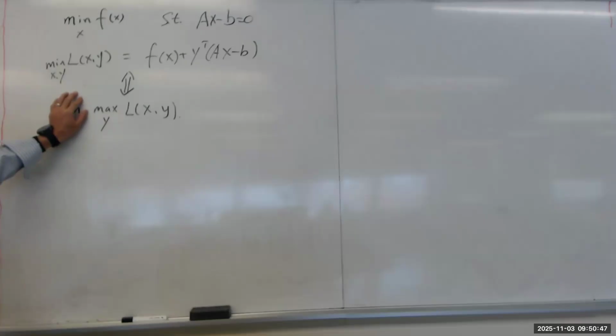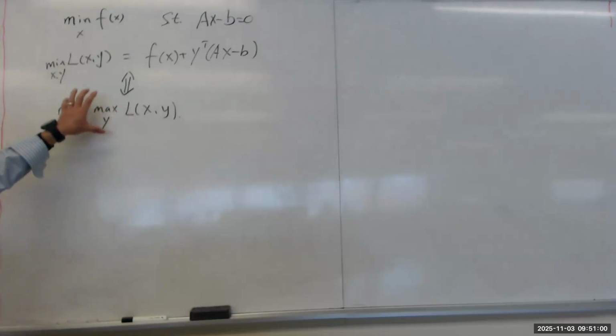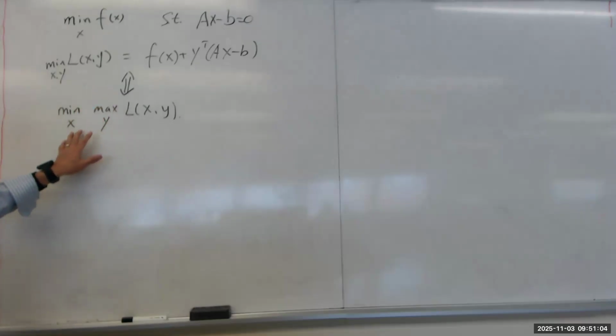You maximize L(x, y) with respect to y first, then this becomes a function of x, and then we can minimize this thing with respect to x again. So this two-step procedure is the minimax problem.